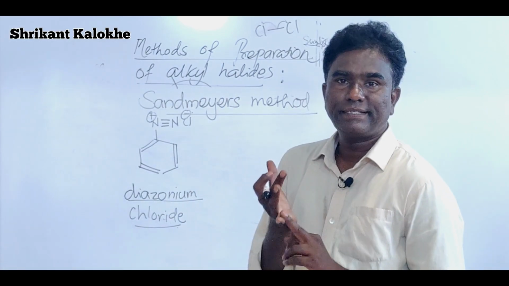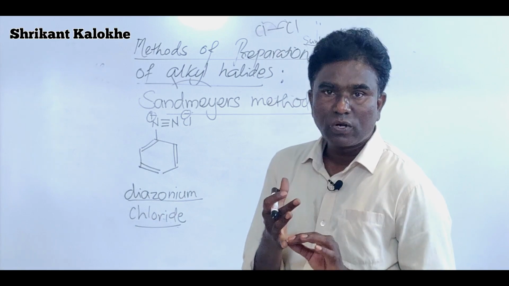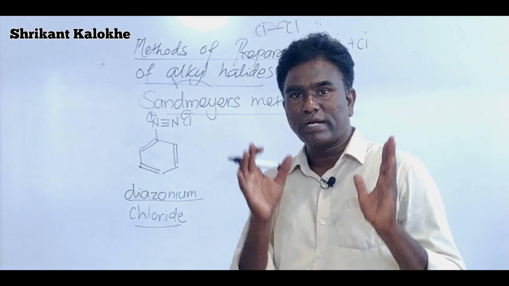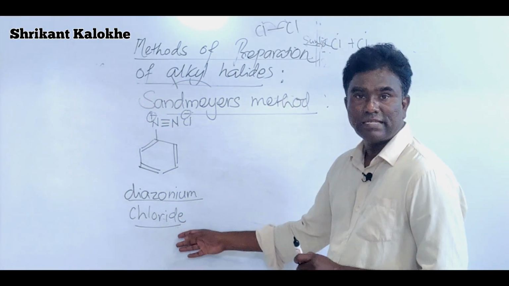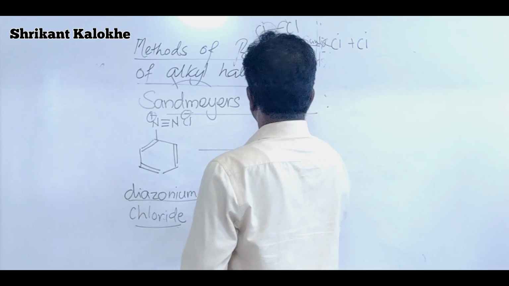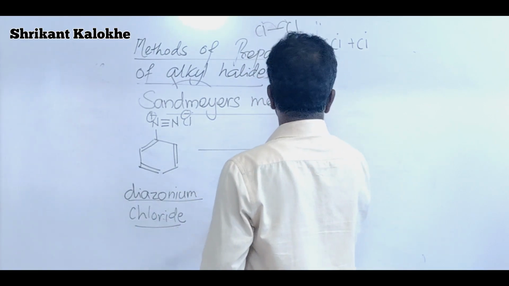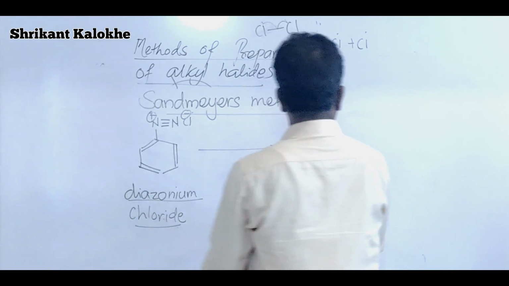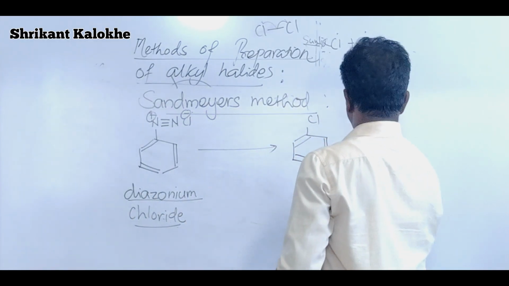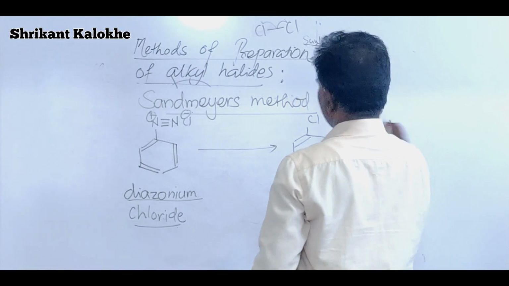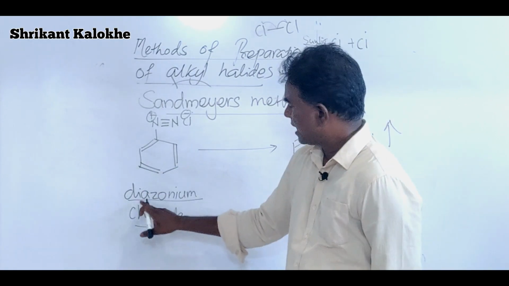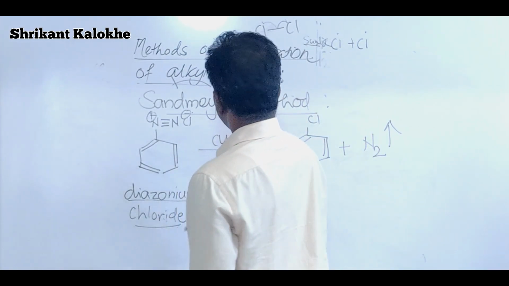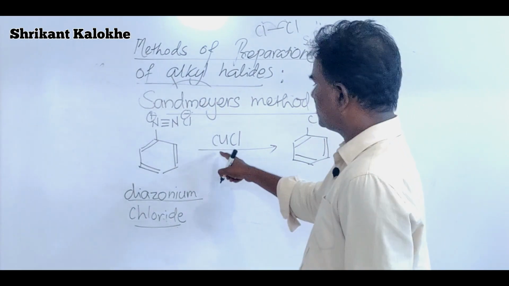And these diazonium chlorides, diazo salts, how are they prepared? They are prepared by treating aniline with the mixture of nitrous acid and hydrochloric acid at 0 degrees Celsius, means 273 Kelvin. You get this diazo salt, and it is very convenient to convert these diazo salts into haloarenes, means chlorobenzenes. You can see that if this diazonium chloride is treated with cuprous chloride, what is the name of this compound?